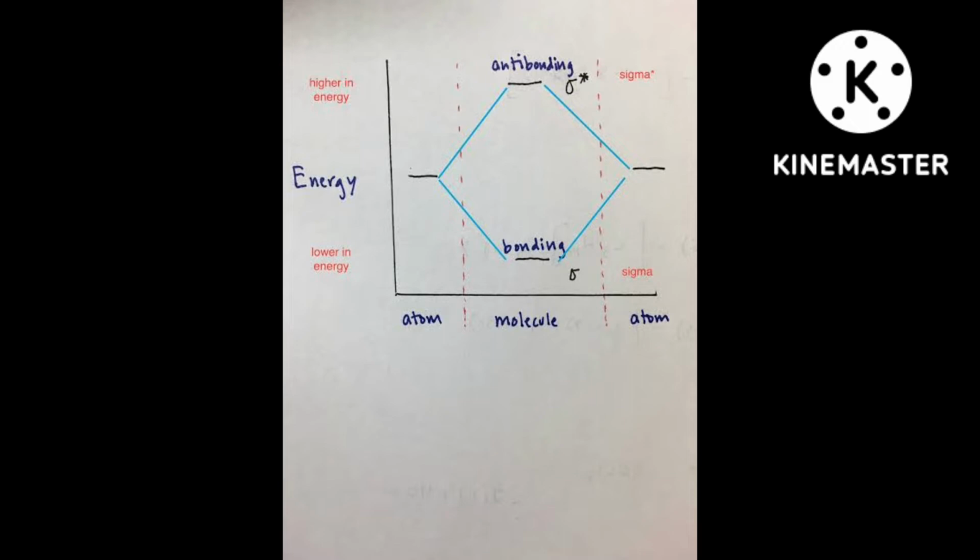the electrons in a molecule are present in the various molecular orbitals as electrons of atoms are present in the various atomic orbitals. This is the first feature.